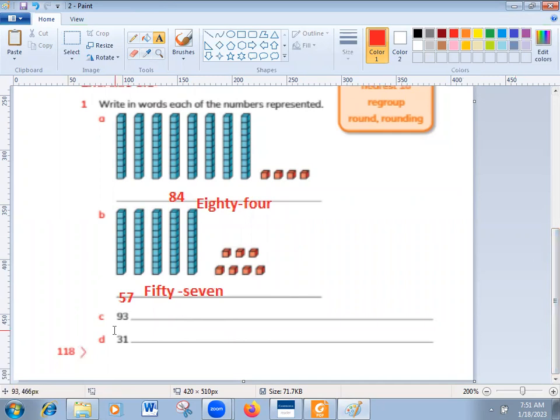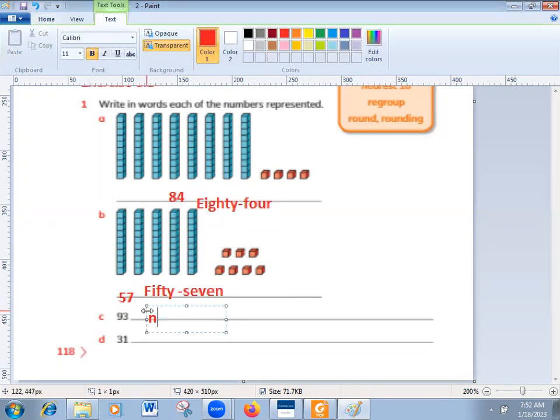Okay, number C is 93. So they have given us a number. What we have to do is write it in words. 93.